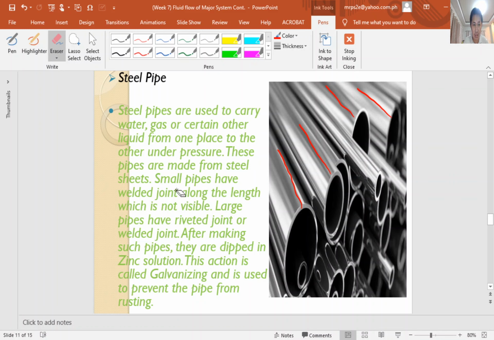The application is to carry water, whether seawater, fresh water, cooling water, or distilled water, also gas, steam, or a certain liquid from one place to another under pressure.